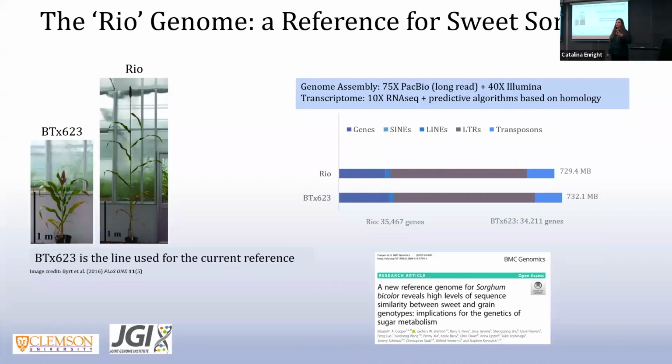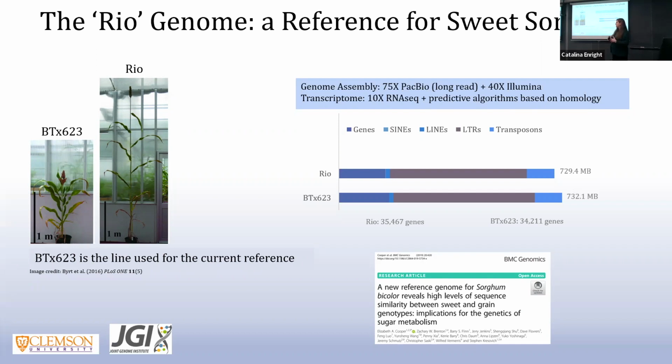So with all of the interest, from an agronomic perspective, in the sugar trait, and all these still unknowns about what the mechanism was, we decided to generate a reference genome specifically for sweet sorghum. Because one thing that we thought was, well, there might be structural variation going on that would control this trait, and that's not something you would see by just taking short reads and aligning them to the reference genome.